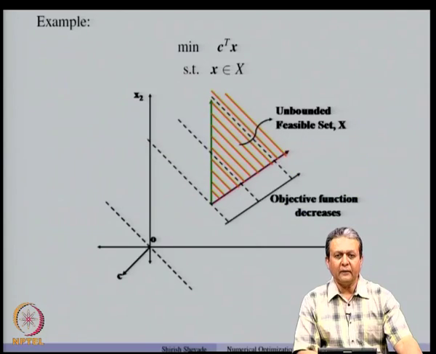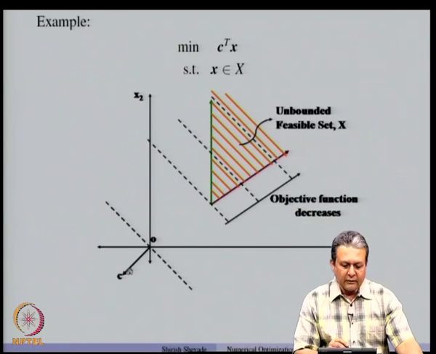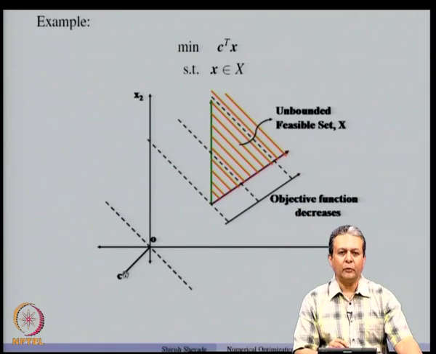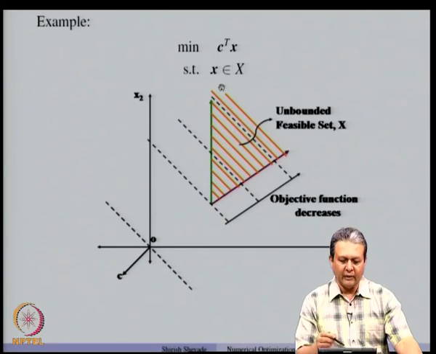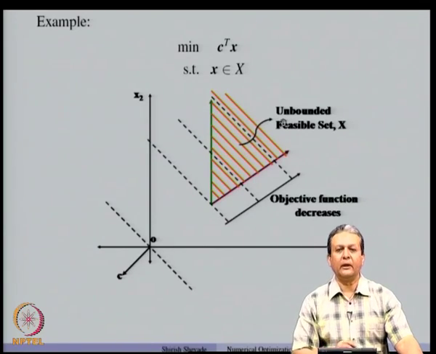On the other hand, if we take the vector C to be pointing in this direction, and we want to minimize this objective function C transpose x subject to x belongs to X, and if you start from this, then in this direction the objective function decreases and the constraint set is unbounded.